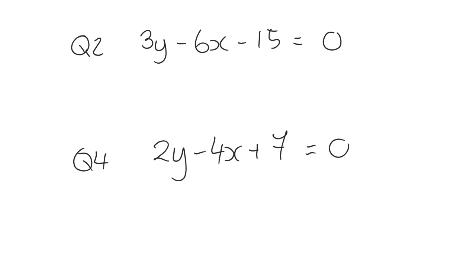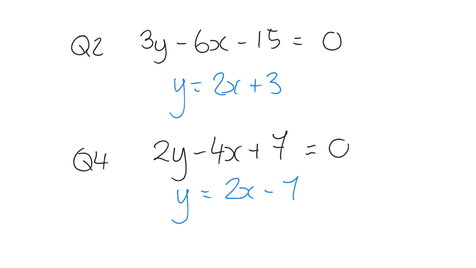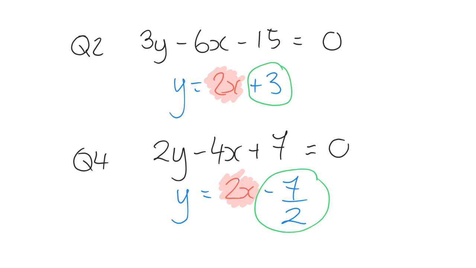Once we've done our rearrangement, we have y equals 2x plus 3, and we have y equals 2x minus 7 over 2. In that form, it's nice and easy to see that we've got a 2x and we've got a 2x. The y-intercept doesn't impact on whether the line is parallel.